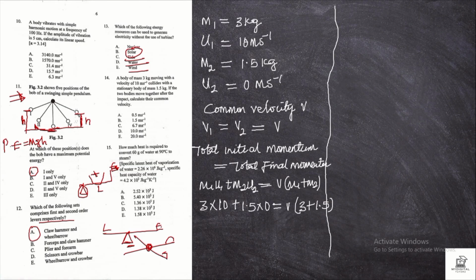Then the next thing is to simplify it. 3 times 10 gives us 30, plus 0, is equal to v into bracket 3 plus 1.5, that gives us 4.5. So 4.5 times v, that is 4.5v, is equal to 30.